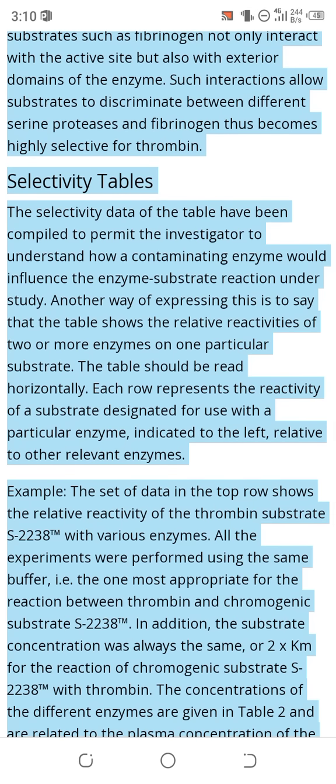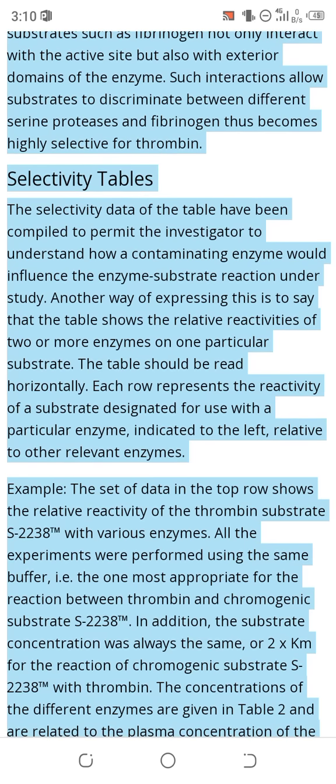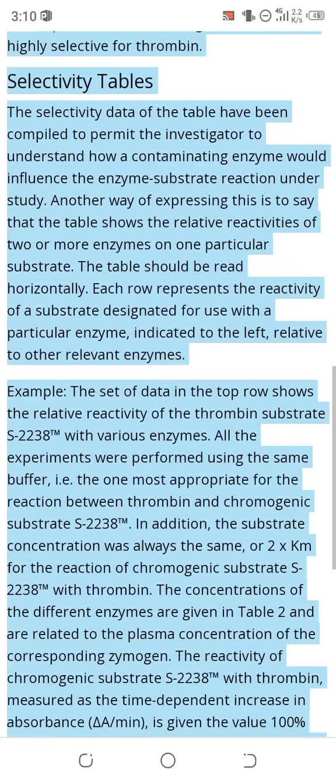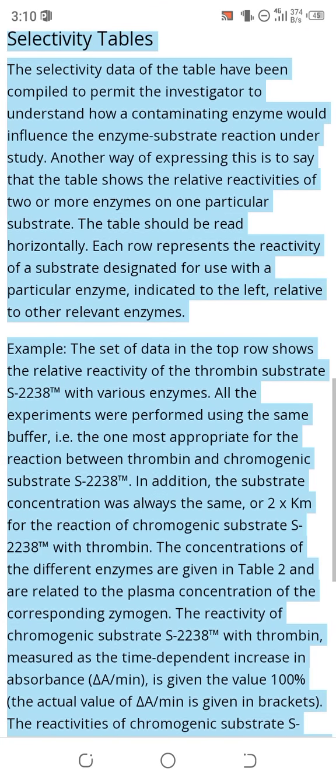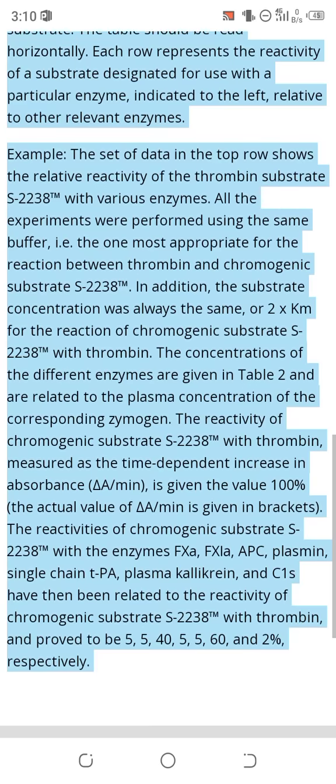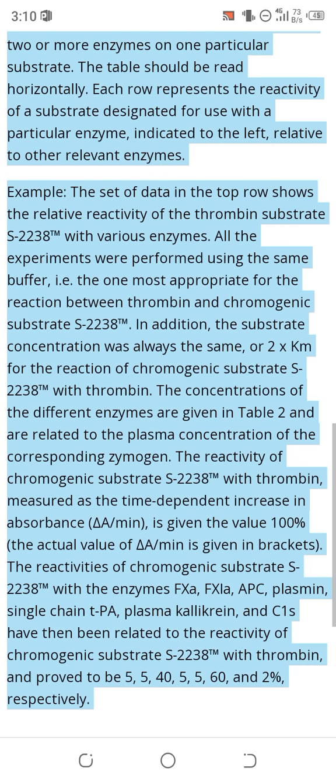Each row represents the reactivity of a substrate designated for use with a particular enzyme, indicated to the left, relative to other relevant enzymes. Example: the set of data in the top row shows the relative reactivity of the thrombin substrate with various enzymes.